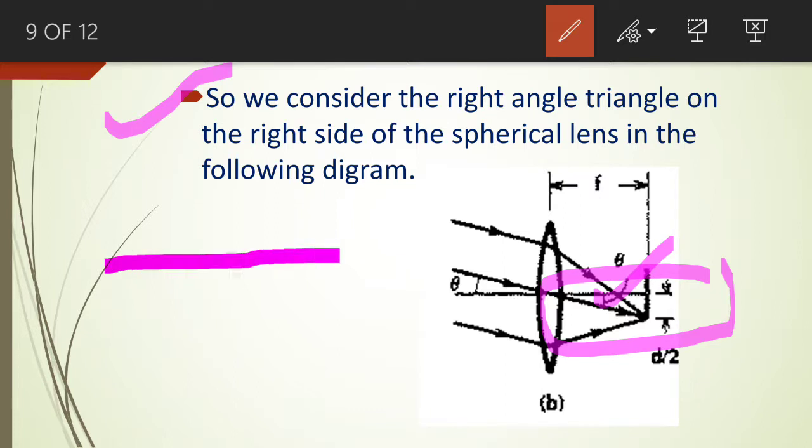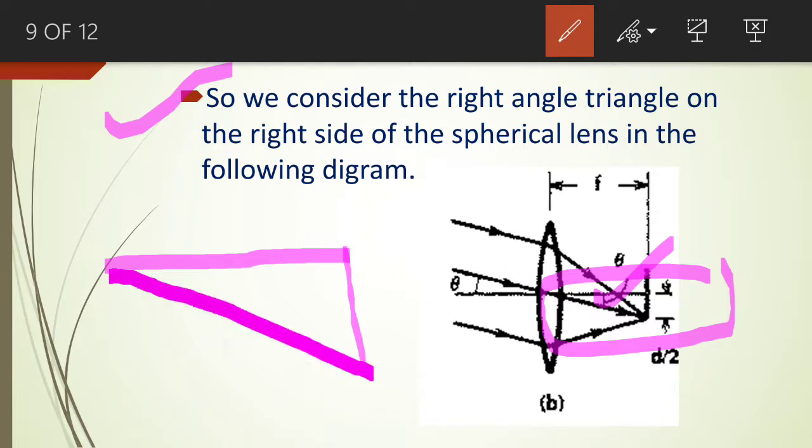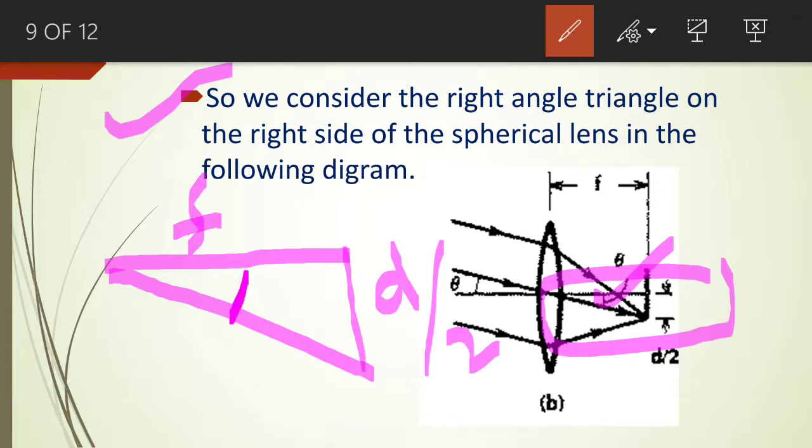This is the base of the triangle, here is the perpendicular, and here is the hypotenuse. The perpendicular of the triangle is d by 2, the base of the triangle is f, and this angle is equal to theta.